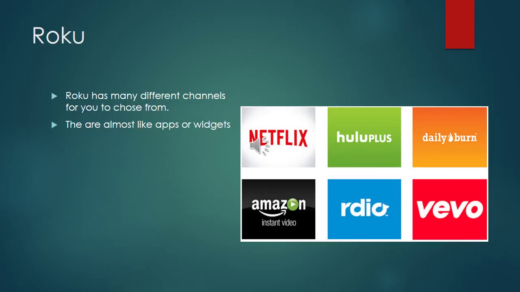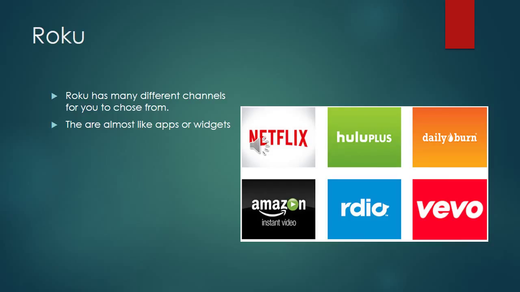There's just all kinds of stuff that you can do through the channels when you first go to your Roku, and it brings you up to the main channels screen.